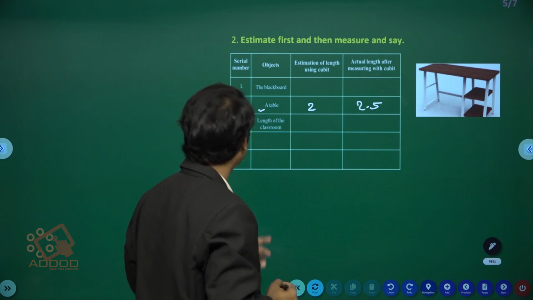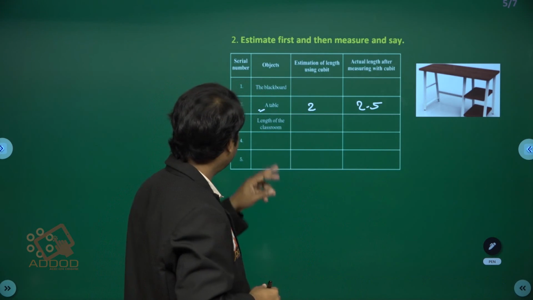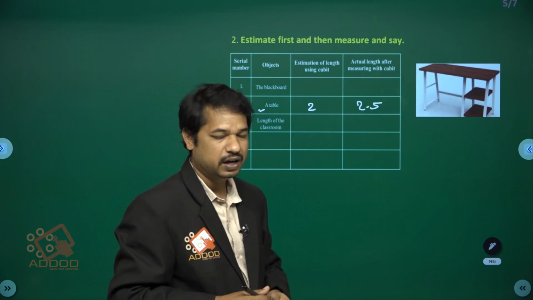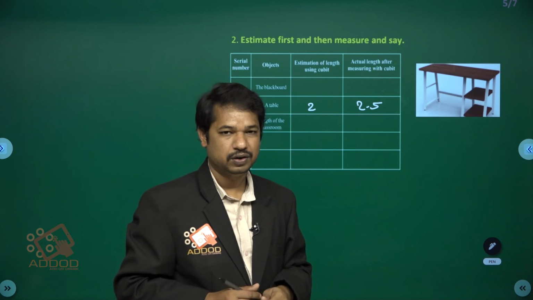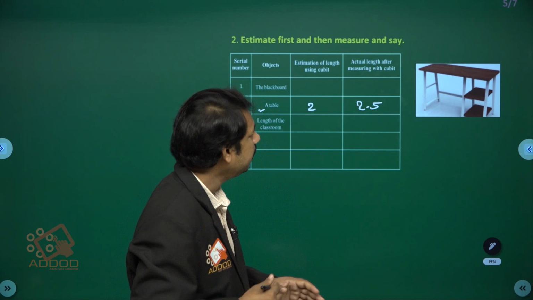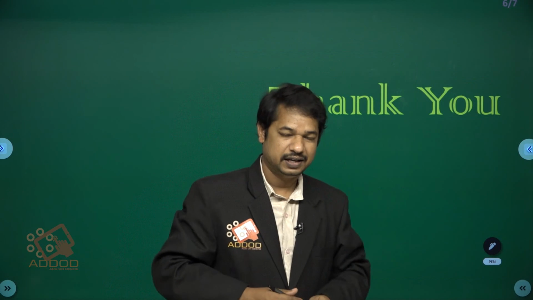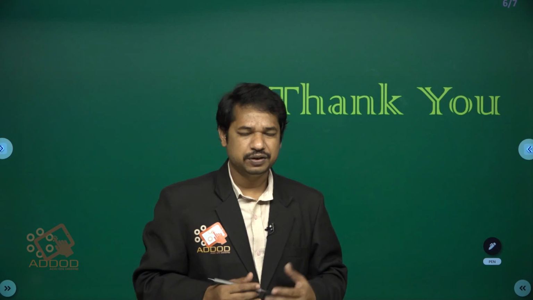Similarly, fill in the blackboard in your school and the length of the classroom and the length of the table also, whichever are available to you. Let's go to the next problem. Okay children, this lesson is completed. This is the length of things.